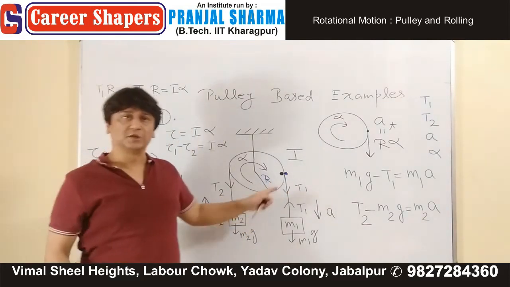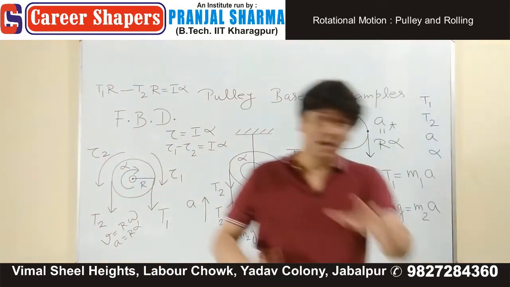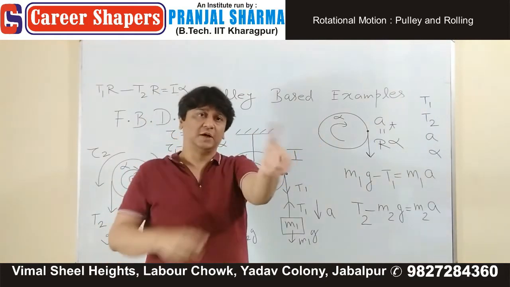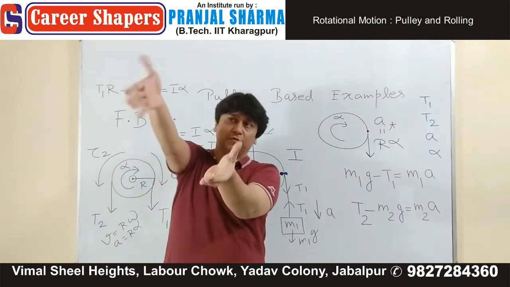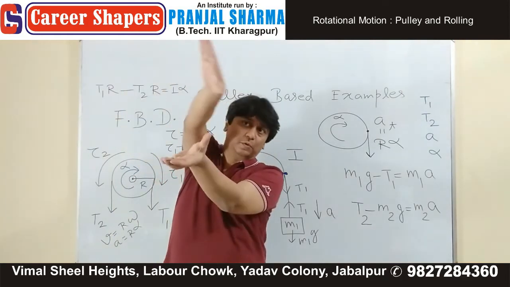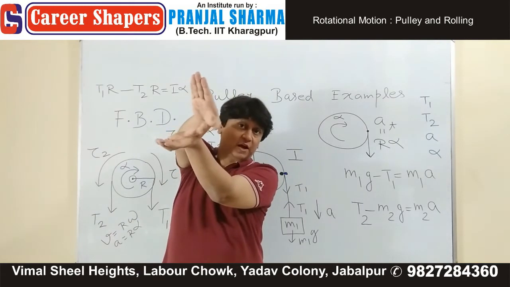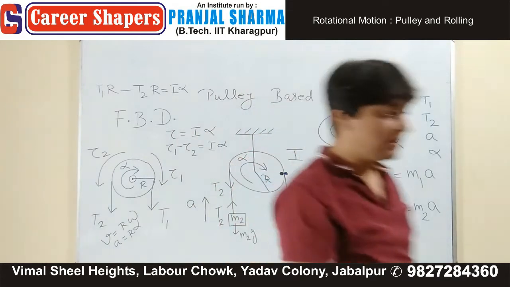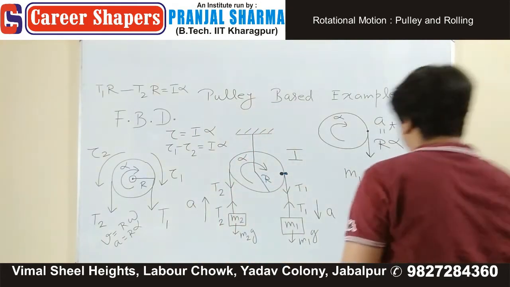The black dot is part of the pulley. So my hand is a pulley. Let's say this thumb is part of the pulley, and now this is rope. So this thumb is touching the other thumb, and they are not slipping. If they are not slipping, then it means they both have the same acceleration.